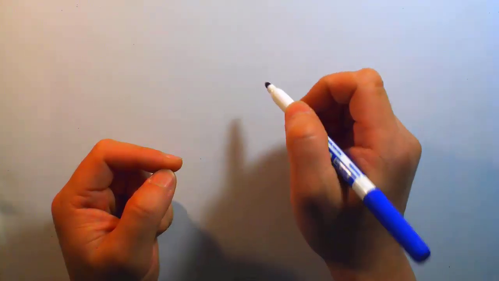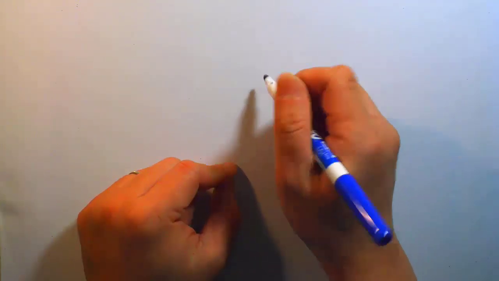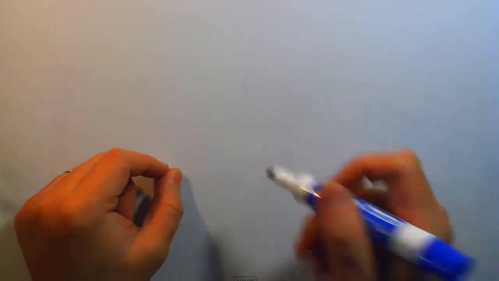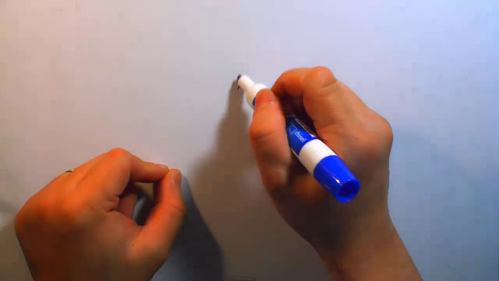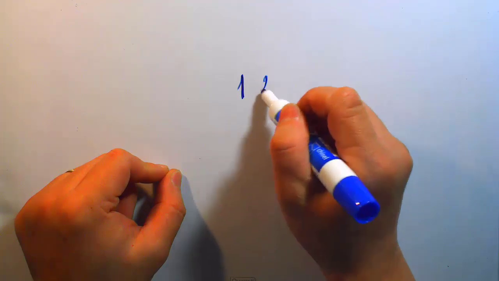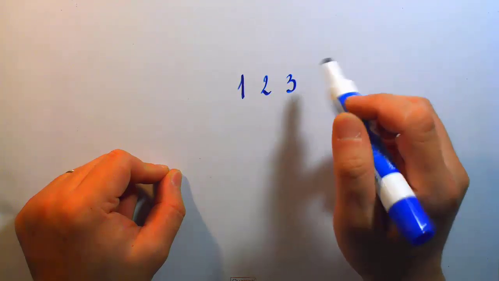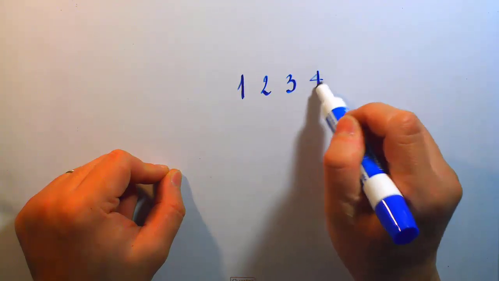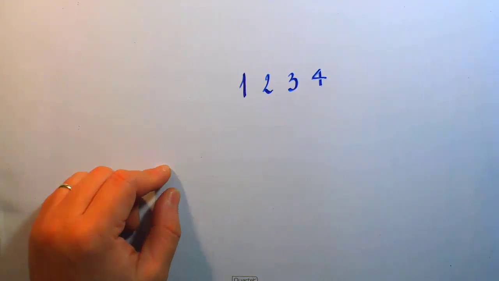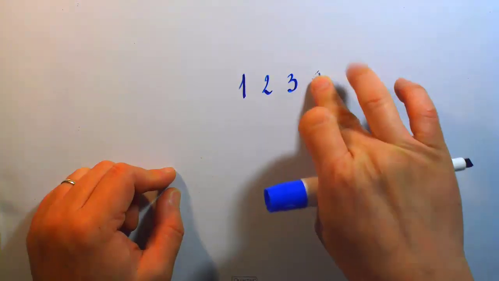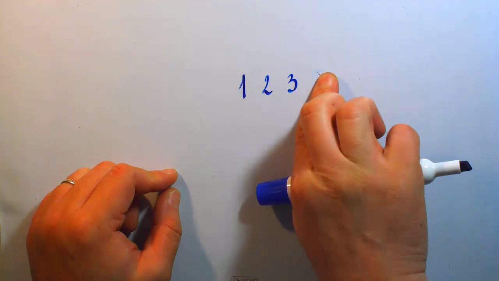The description says labels from 1 to 4 are blue. I'm going to draw 1, 2, 3, 4. Those are fine to represent the blue markers with numerical labels from 1 to 4.